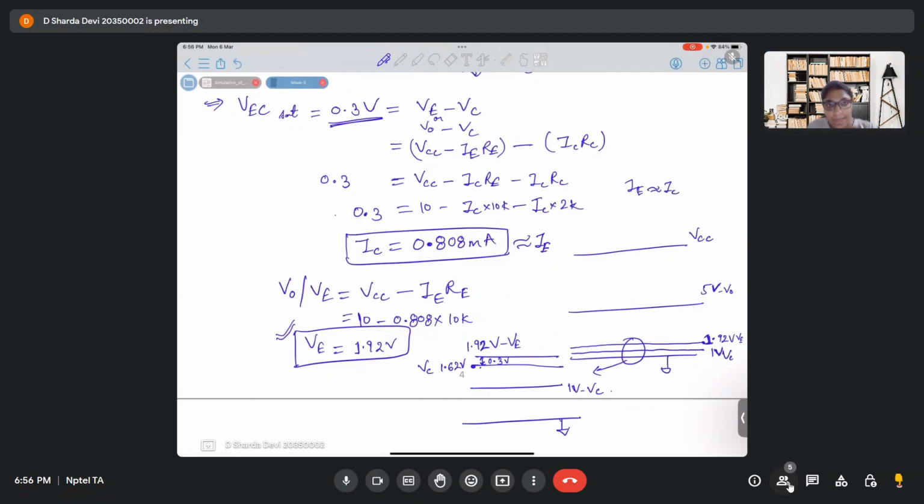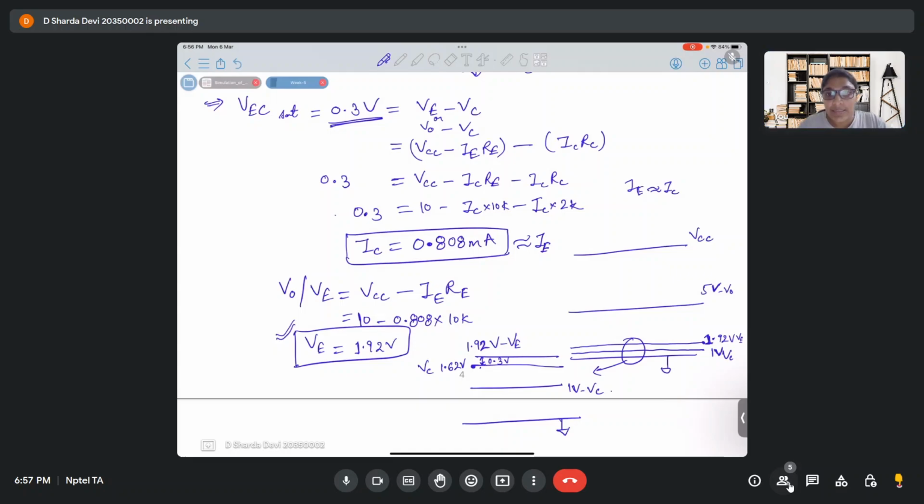Can you please repeat this point? So see, this VE that we have found out, do you understand what this VE is? This new VE that we found out, 1.92 volts, what is this?